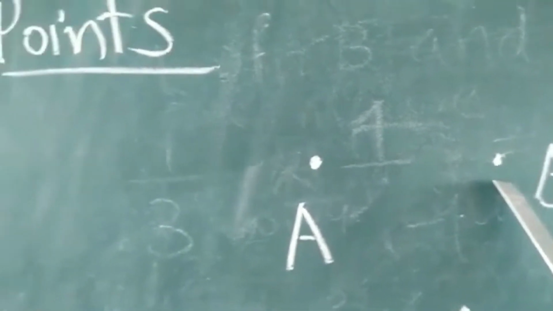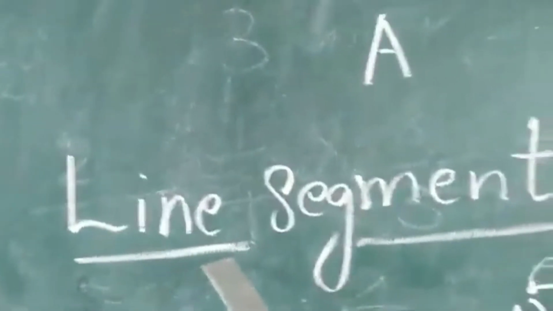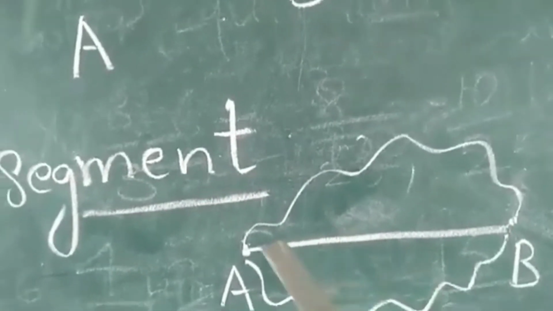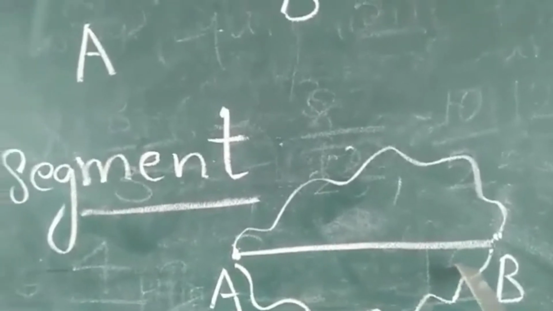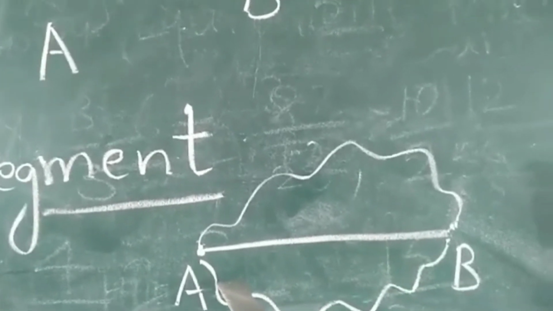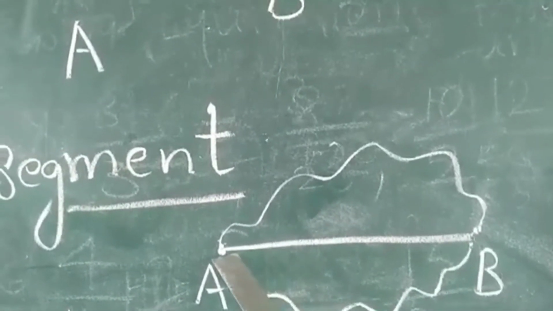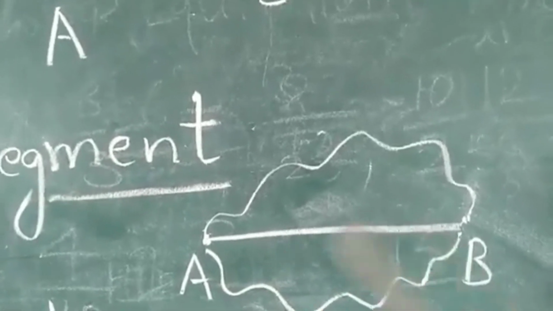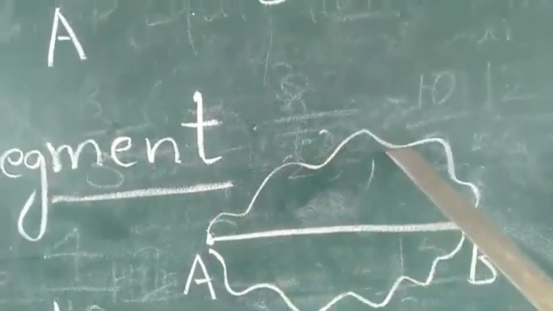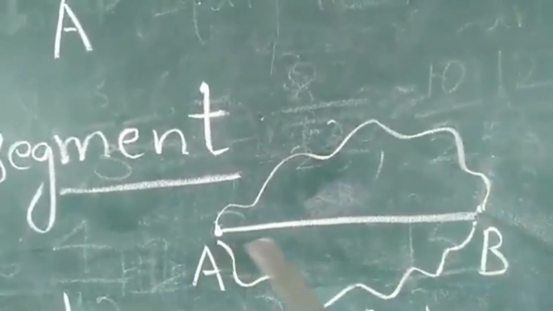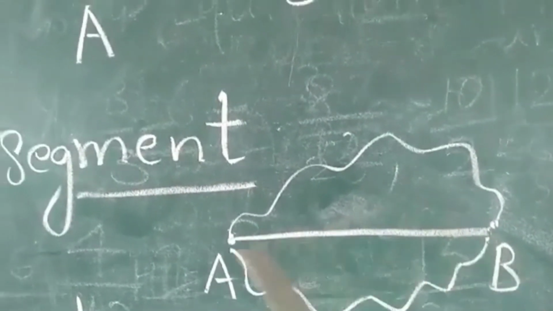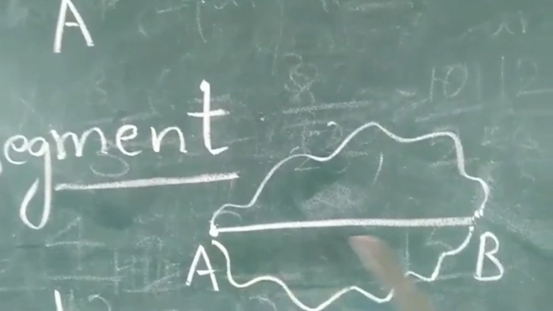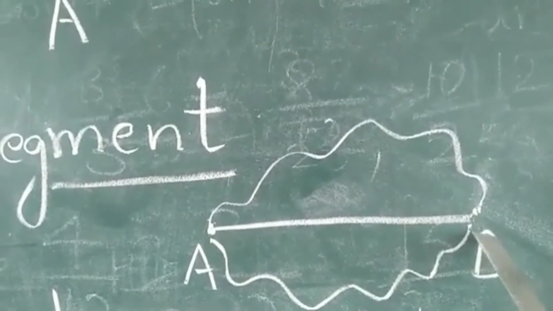Next one is line segment. Present 2 points on a plane like that, A and B we marked on the board. Here I joined them like this with a curve or a straight line. We can join these 2 points, but what is the shortest distance between these 2 points A and B?